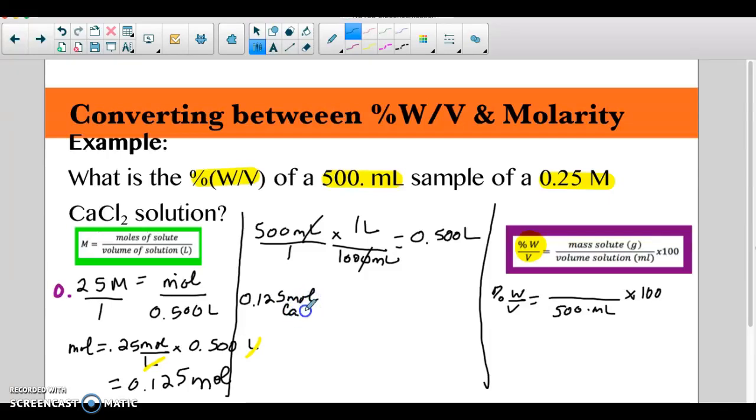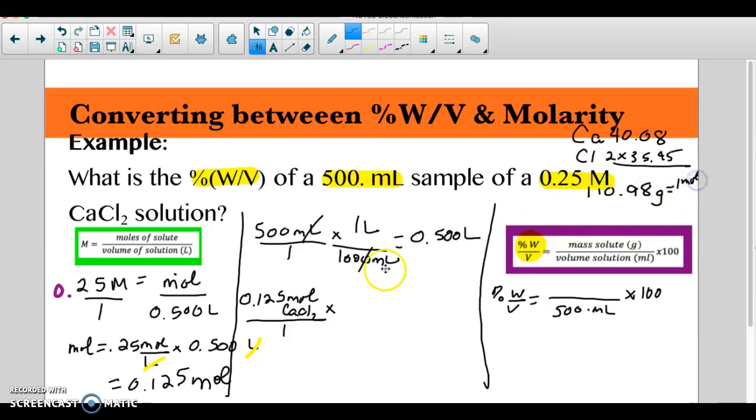It's calcium chloride this time, so I have a new molar mass. If you do it with me, calcium is 40.08, and there's 2 chlorides, so 2 times 35.45, and then you should get, I think it's 110.98. So there's that many grams of calcium chloride in 1 mole of calcium chloride.